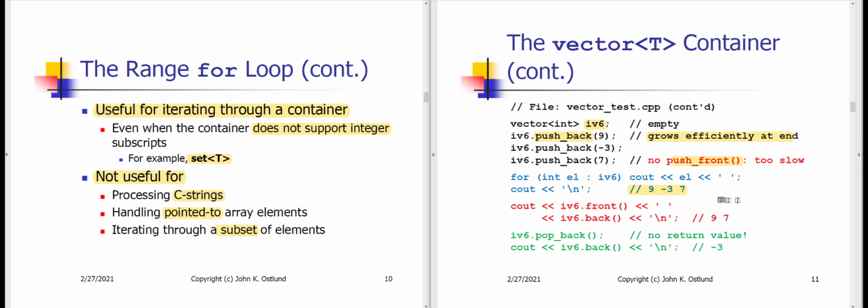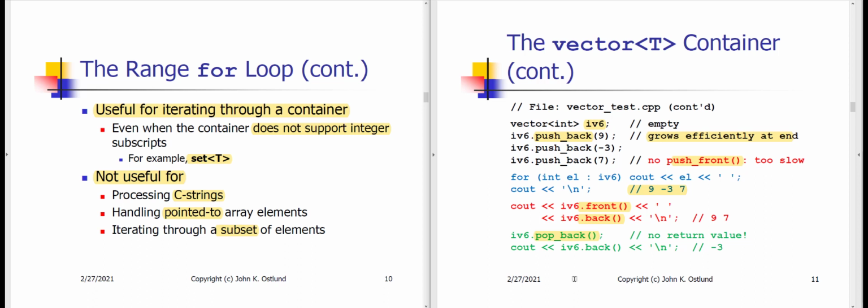Another couple of convenient member functions that I can use are front and back, which don't modify the vector. They simply return the front element and the back element from the vector, respectively. So with IV6 containing 9, minus 3, and 7, front is going to be 9, back is going to be 7. To eliminate the final element from a vector, I use pop_back.